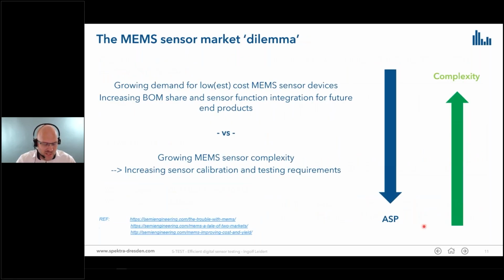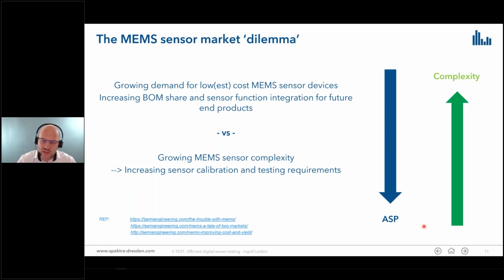So then there's another aspect that comes into the game when we talk about digital MEMS sensors. The complexity of systems has increased because MEMS sensors are simple in a way, easy to handle, and cheap, but this introduces quite a market dilemma for companies that manufacture and for companies that want to verify the sensor's operation.